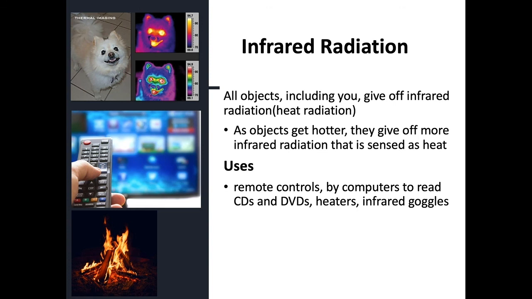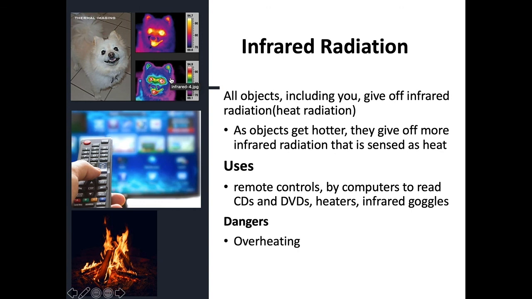Uses, as I mentioned, remote controls. Computers use infrared to read CDs and DVDs. Heaters use infrared to heat your place, and infrared goggles are able to sense or see infrared. Sometimes this is used in the military to do raids and sneak up and make sure that there's no people lurking around that could be hurt or hurt other people.